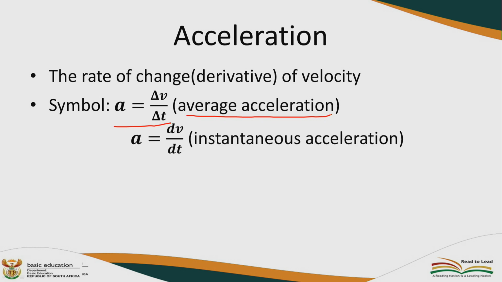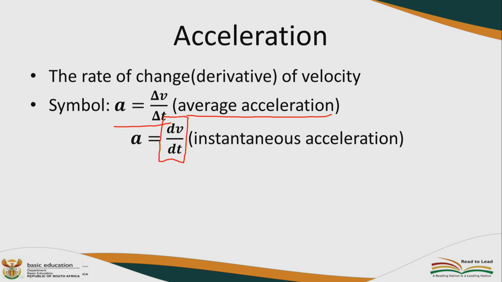Now, if we did something similar to what I did when I was explaining the velocity, we'll clearly see that if we want to get the acceleration from a curve, the gradient of what we call a velocity time graph will give us the acceleration. And we said that the gradient to a curve is the derivative, and that is the derivative that we are having there.